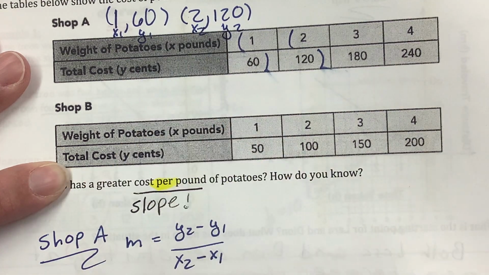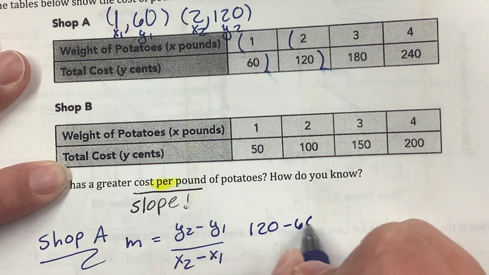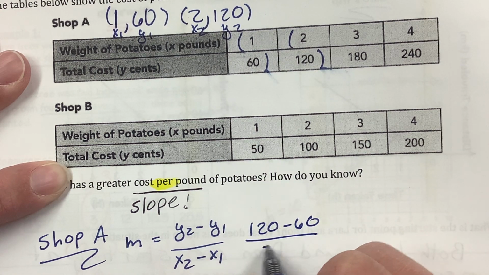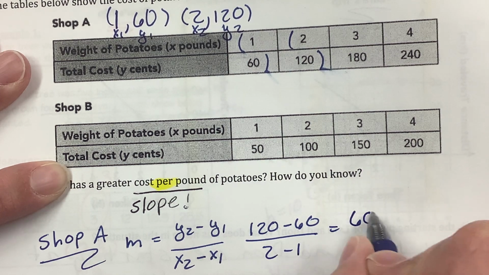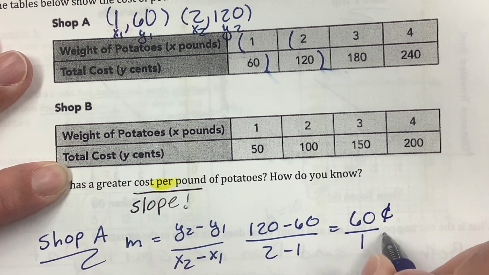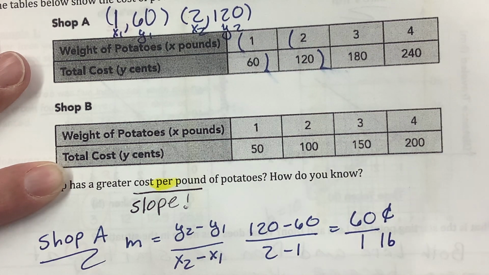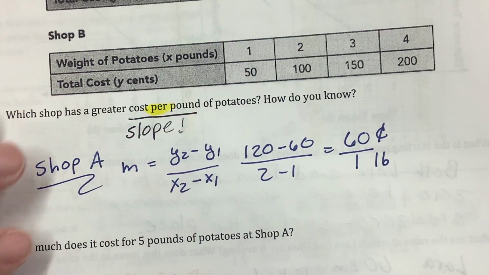So 120 minus 60 over 2 minus 1. That comes down to 60 over 1, 60 cents per 1 pound. That's not so bad.